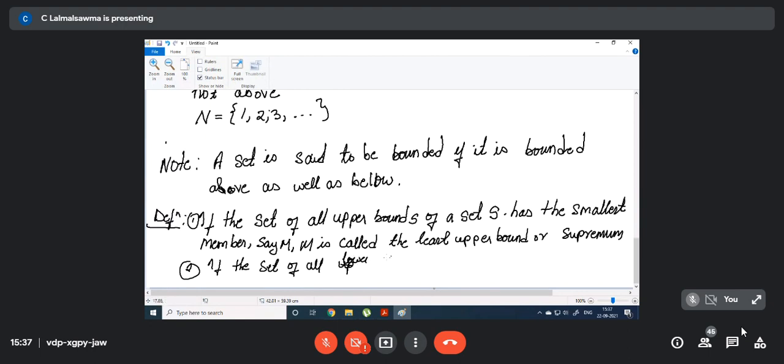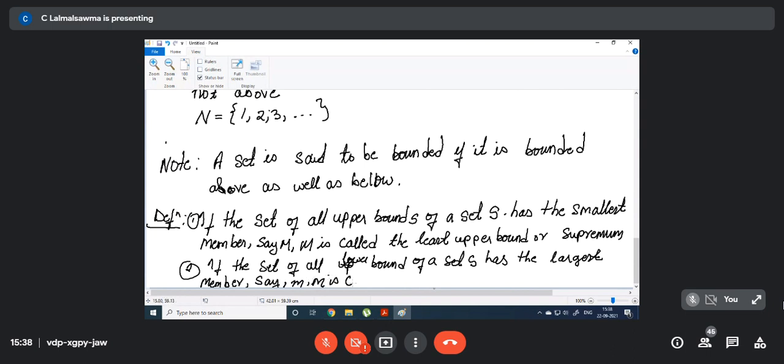Similarly, for lower bound, if the set of all lower bounds of a set S has the largest member, where smallest is replaced by largest, let's say that this is small m.